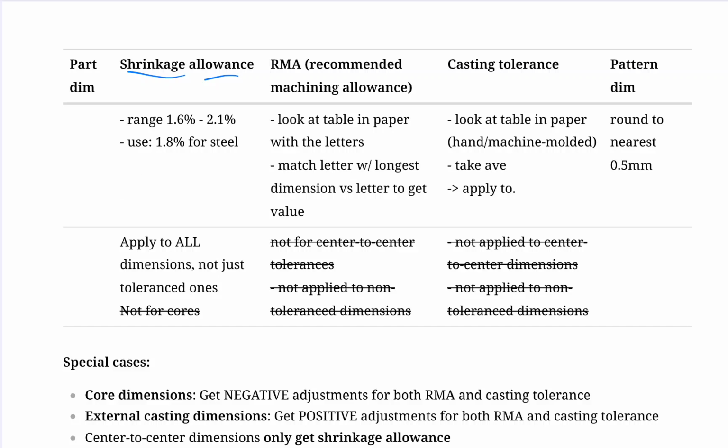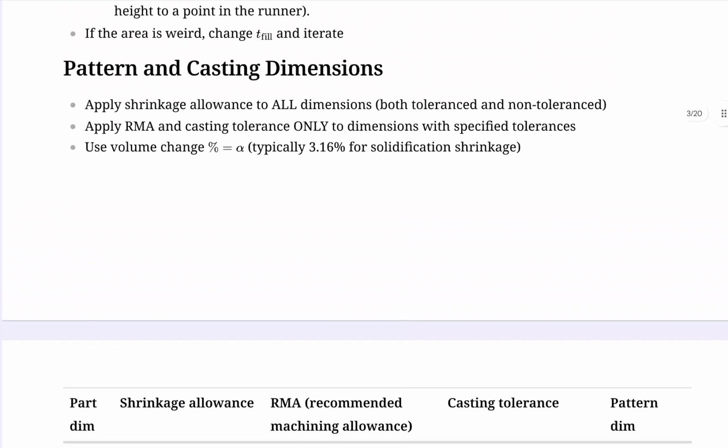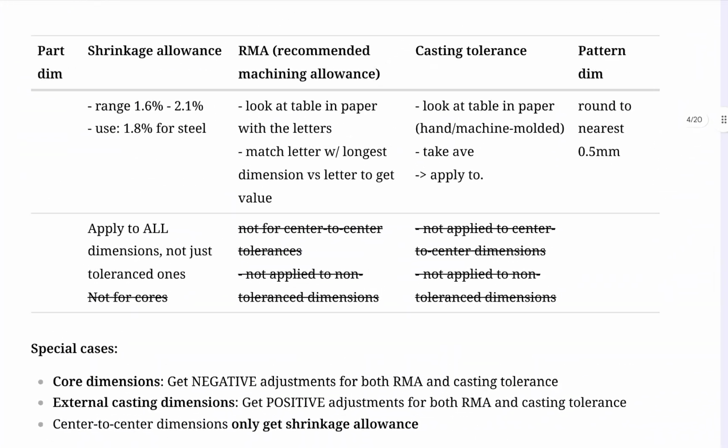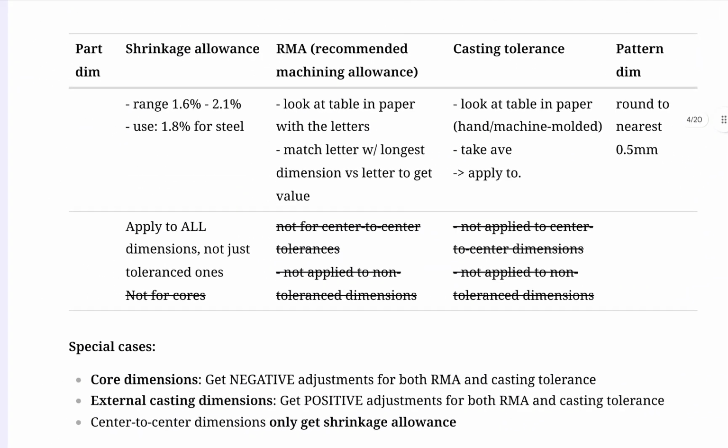And we allow for that by adding a certain percentage. This is our range of percentages, and we tend to want to use 1.8. Use the 1.8. Just remember 1.8%, because we're going to be working with steel.